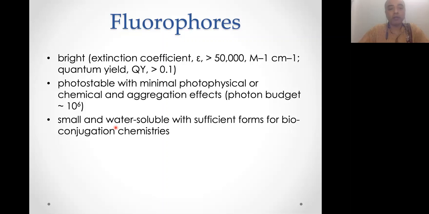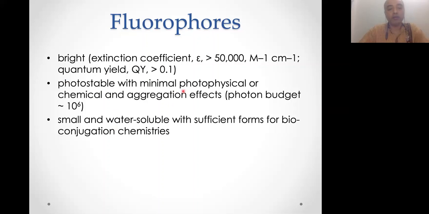Many dyes will not give you single molecules because they either do not absorb sufficient light that is thrown at them, or the quantum yield is small such that they don't convert the absorbed light into a sufficient number of emitted photons. The second thing is those dyes might not be photostable, and if they are not very photostable, then they are going to disappear even before you can collect sufficient photons from them in your microscope.